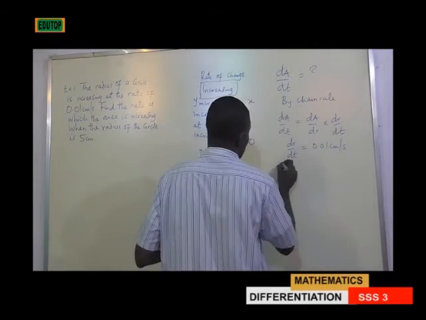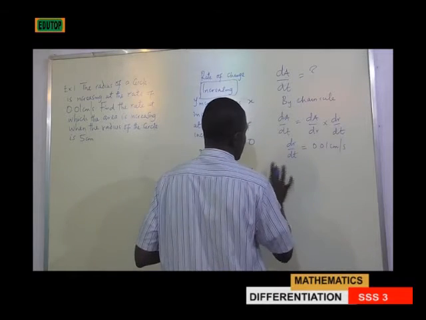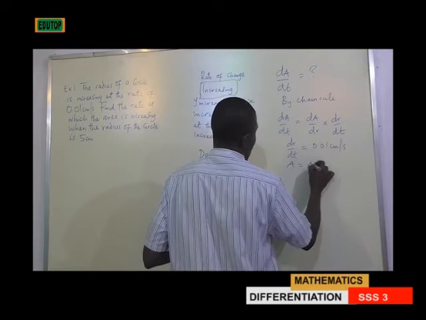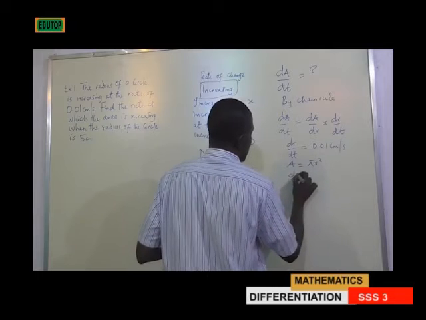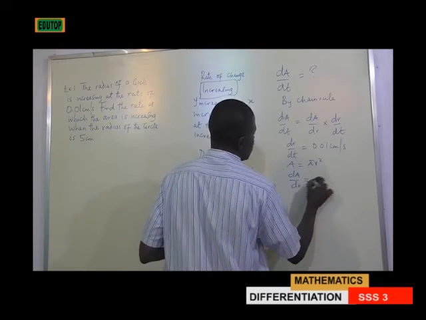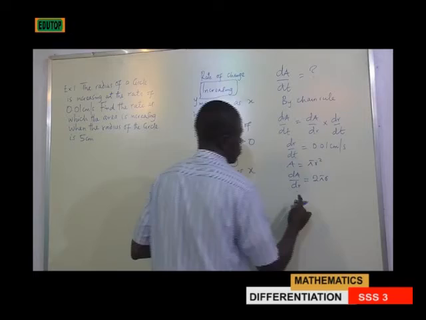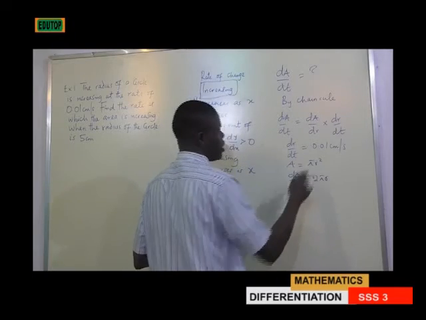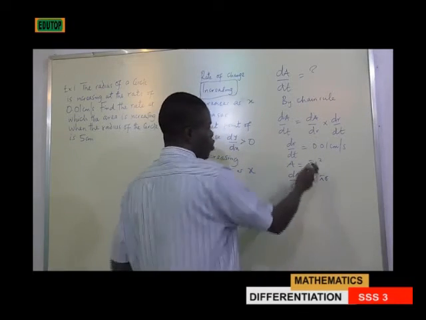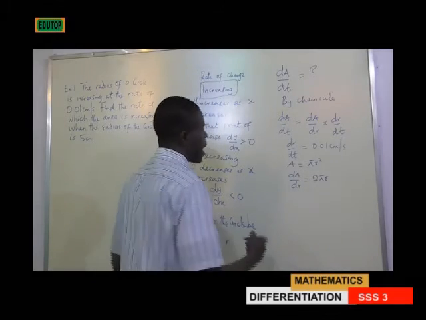Since the area of a circle is pi r squared, dA/dr will be 2 pi r. Pi is a constant, we differentiate r squared and have 2r, 2r times pi, so we have 2 pi r.